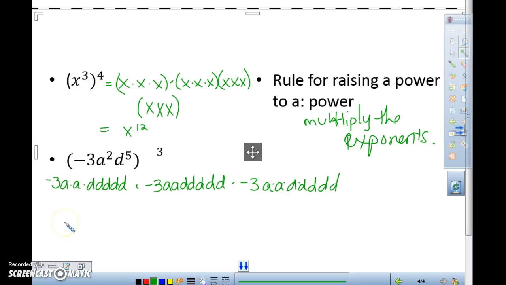So negative 3 times negative 3 times negative 3 is how much? Negative 27. How many a's do we have? 2, 4, 6. And then d's, how many? 15. So this 3, if you think about the rule, it's negative 3 to the 3rd power. 2 times 3, 3 times 5. Raise that up.